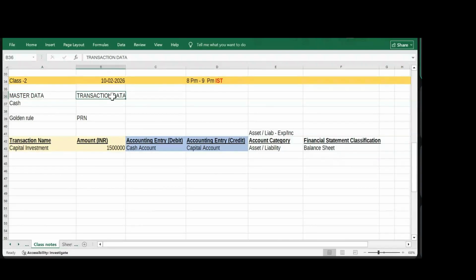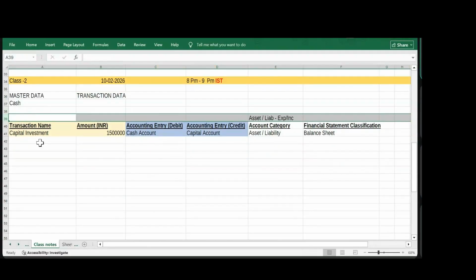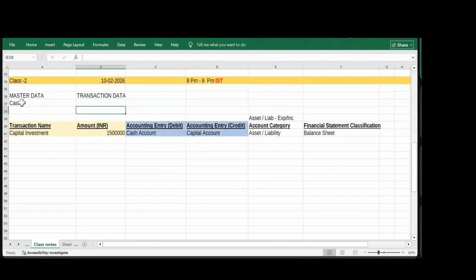Day in and day out, the business will run and the transactions will happen. That is how the financial data gets generated. So there is master data as well as transaction data. Now we discussed this as well, the golden rule. I'm trying to give you an example for a small business.